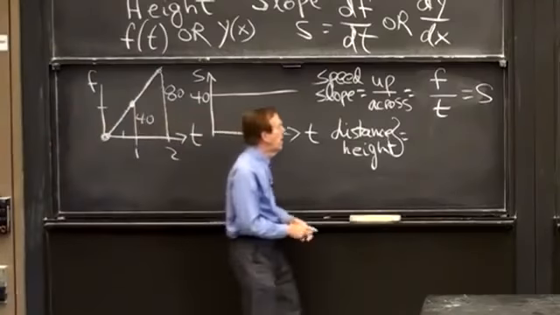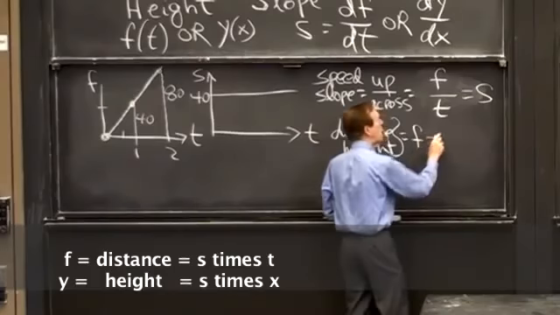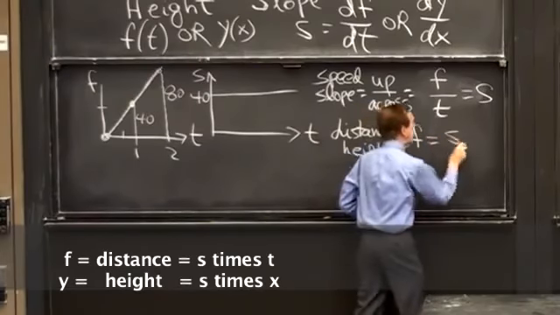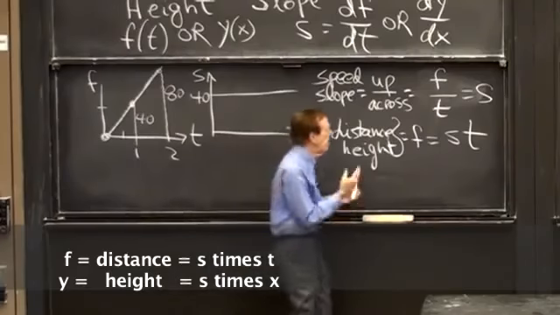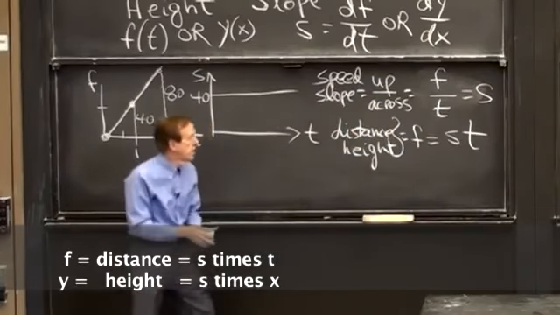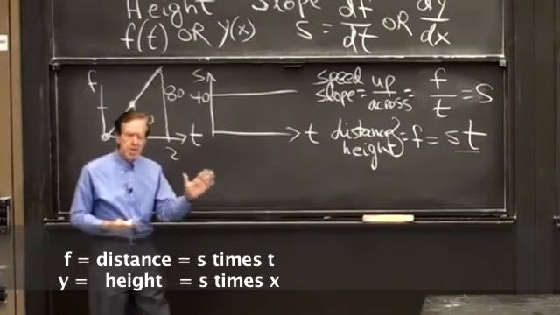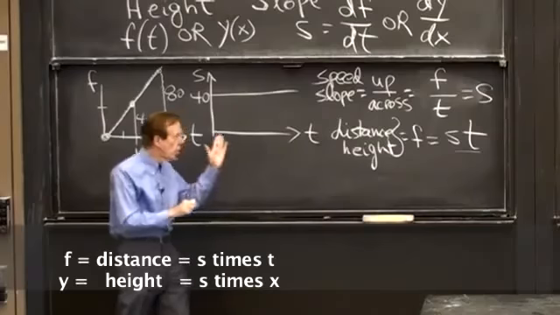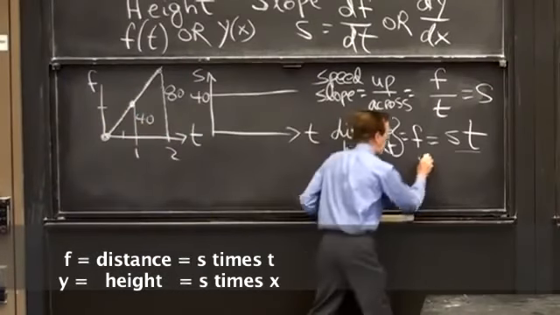Well, you see how. How do I find f? It's s times t, right? Your algebra automatically says if you see a t there, you can put it there. So it's s times t. It's a straight line. s times t, s times x, y equals sx.